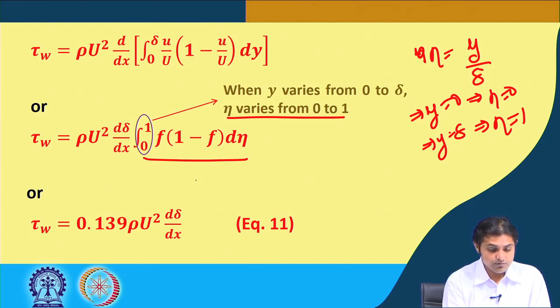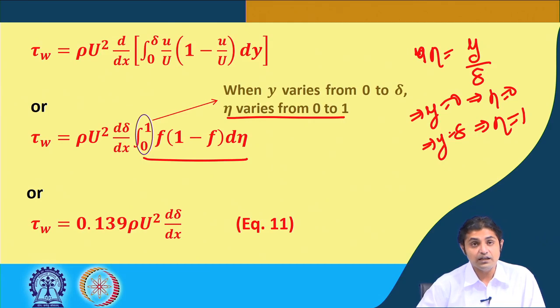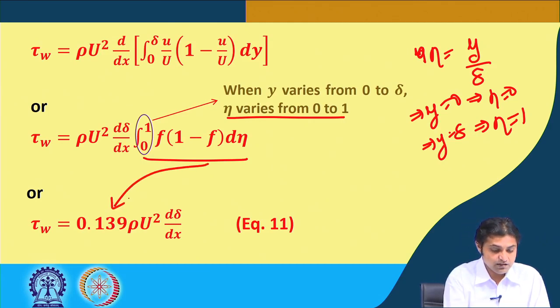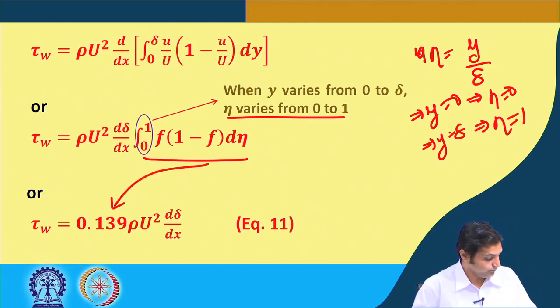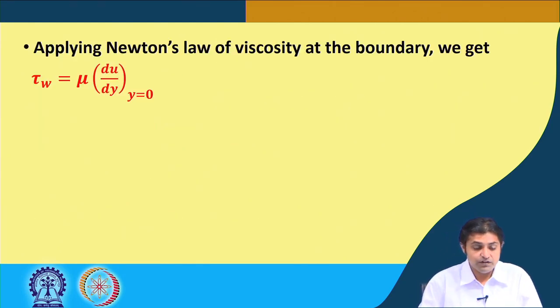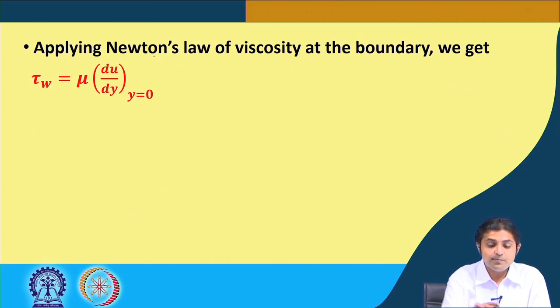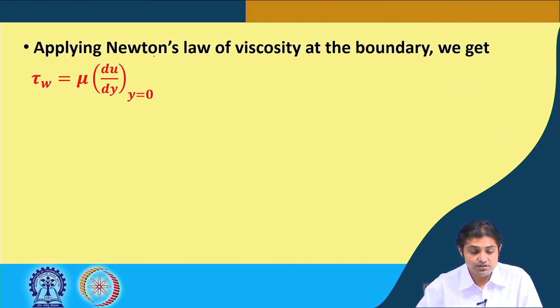So this value comes out to be 0.139, you can see that here, okay. Now, if we apply Newton's law of viscosity at the boundary, why can we apply Newton's law of viscosity? Because it is a laminar flow, okay. We did the same principle when we were solving the numerical problems.